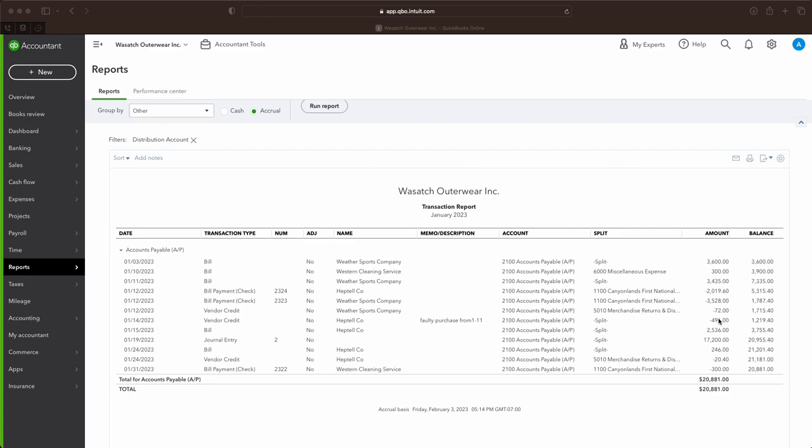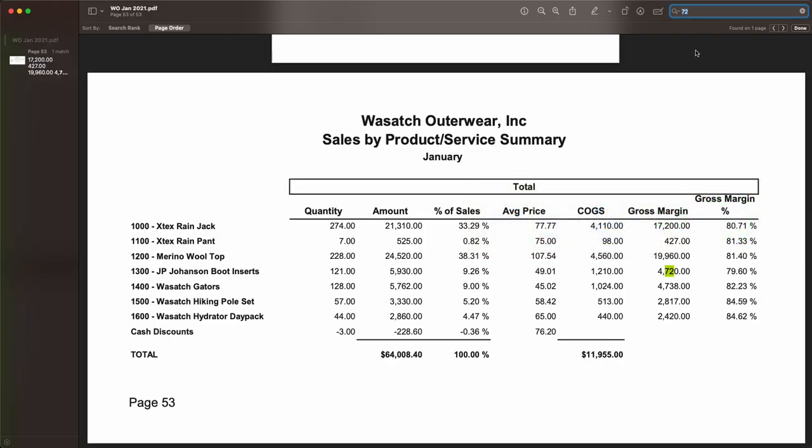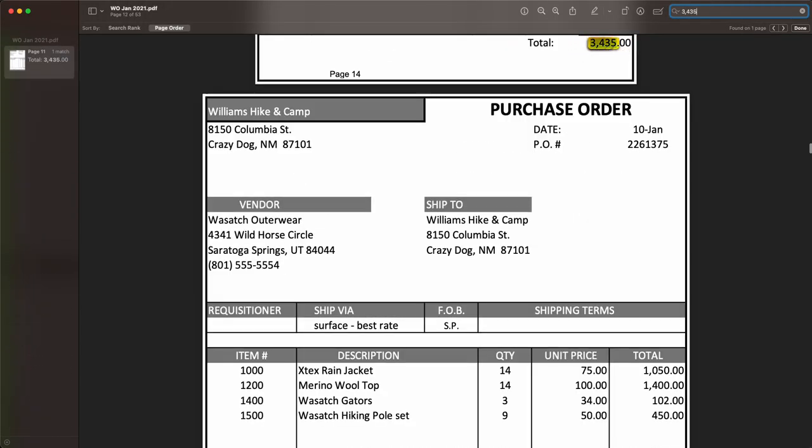Is that a vendor credit? Okay, those are vendor credits to reduce the other ones to get it down to the right payment. So that makes sense. Seems associated with this one. That $20 vendor credit. So let's look at 3435.